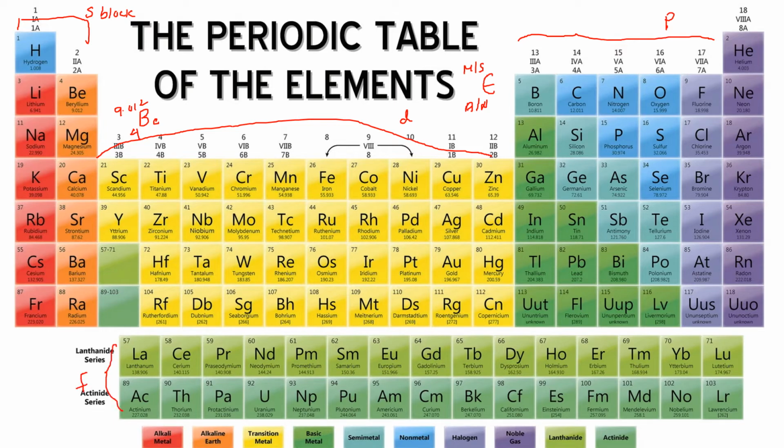In this course we're talking about the S block, P block and D block later on, and the F block we don't talk about. Okay, let's move into the next slide.